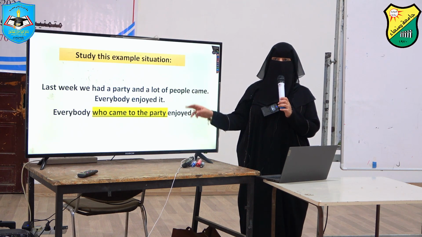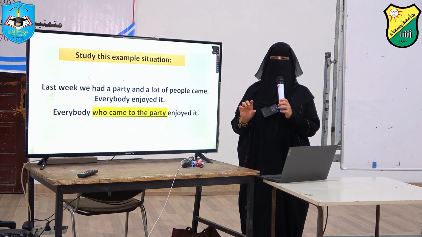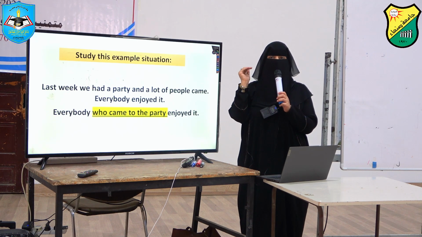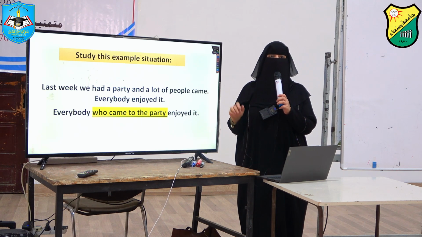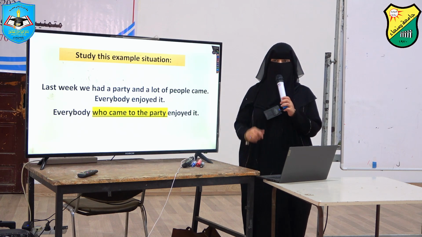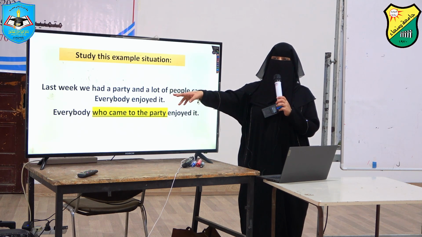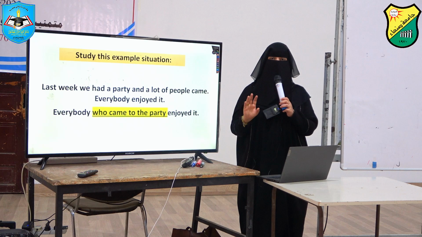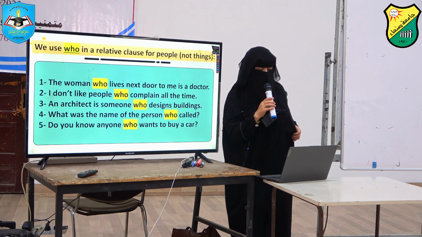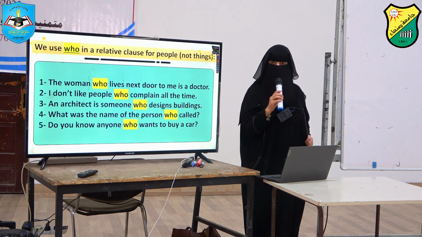The same sentence, but this one is in a short form and more complex. Okay, why did I use who? Because I have everyone or everybody. I'm talking about people, not about things. We use who in relative clauses for people, not things.